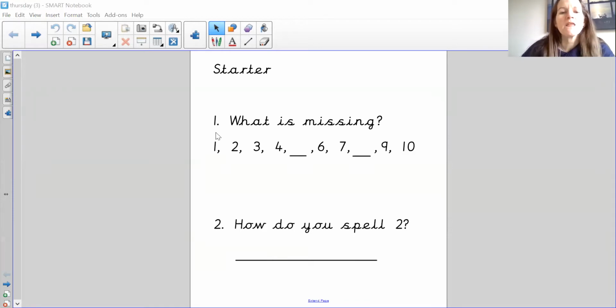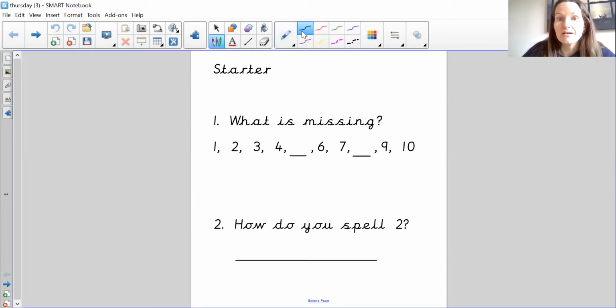So what is missing? Let's count. 1, 2, 3, 4, and what comes after? 5. Well done. Make sure that you have written it the correct way and give yourself a tick. 6, 7, 8. And give yourself a tick. Well done. Now, how do you spell the number 2?